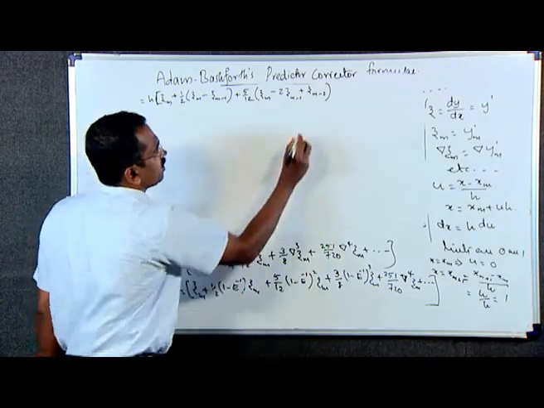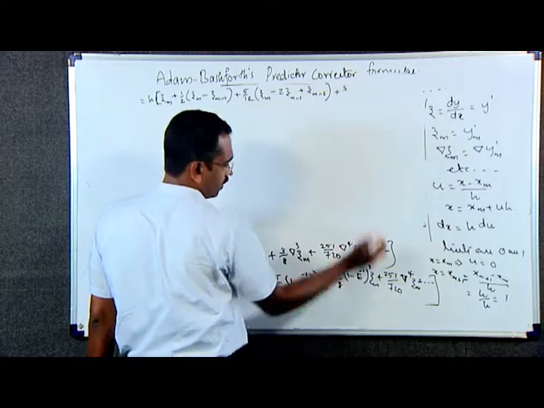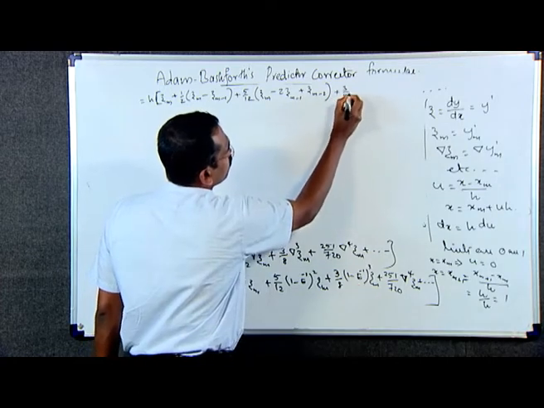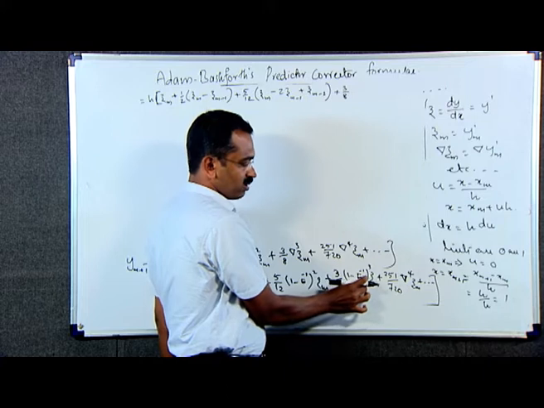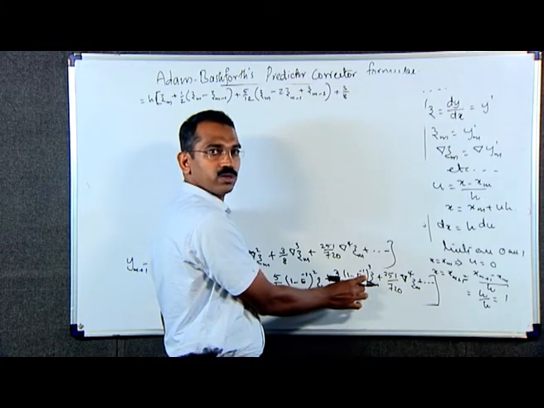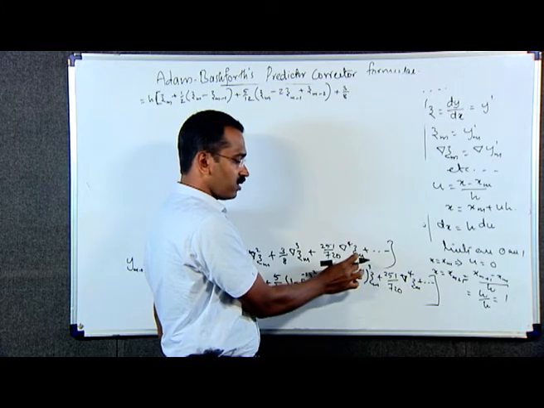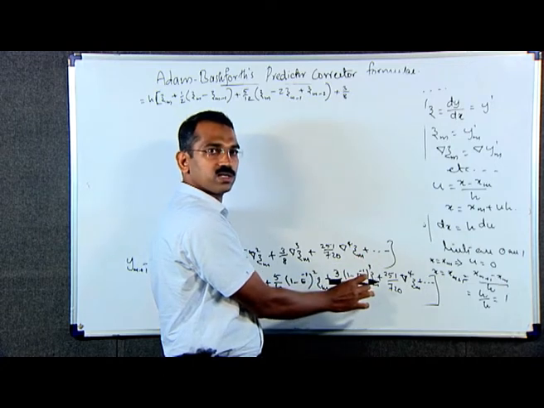Plus the next term will be 3/8 into, first we expand (1 minus E inverse) whole cube and then use the corresponding operation.